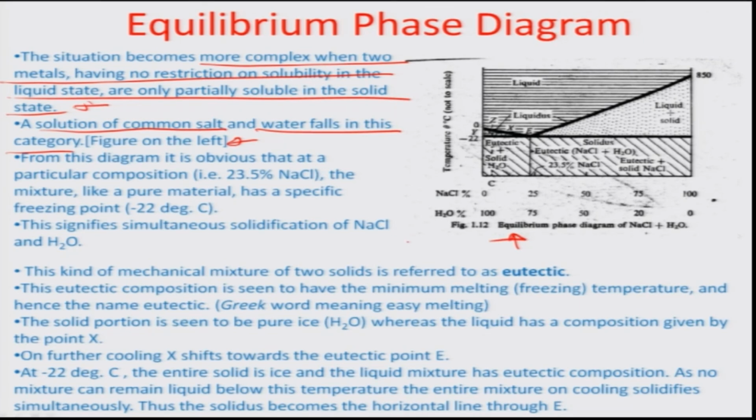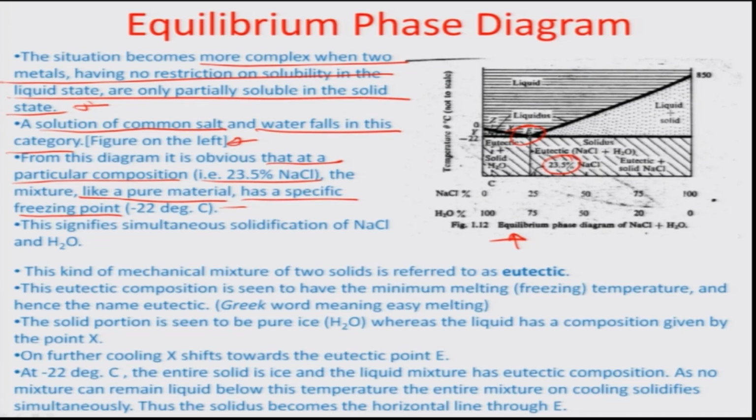From this diagram it is obvious that at a particular composition corresponding to, let us say, 23.5% NaCl, the mixture would like to be like a pure material. It has a specific freezing point of minus 22 degrees Celsius, at which all these states can coexist.